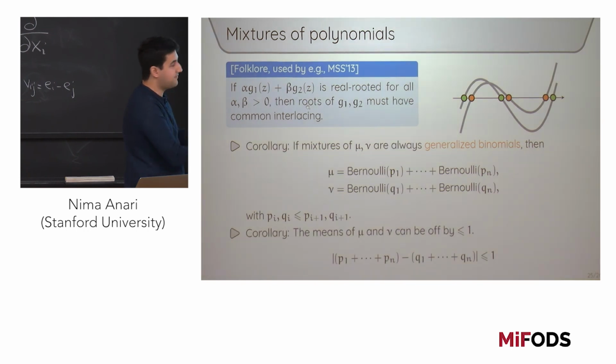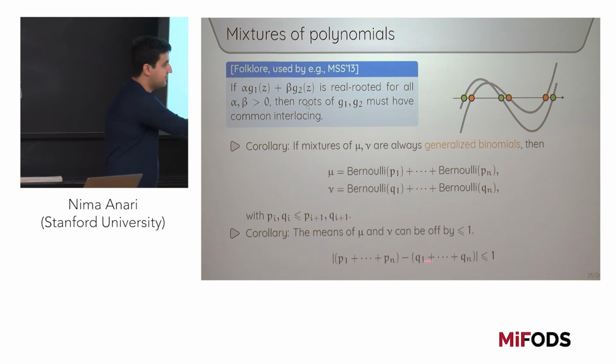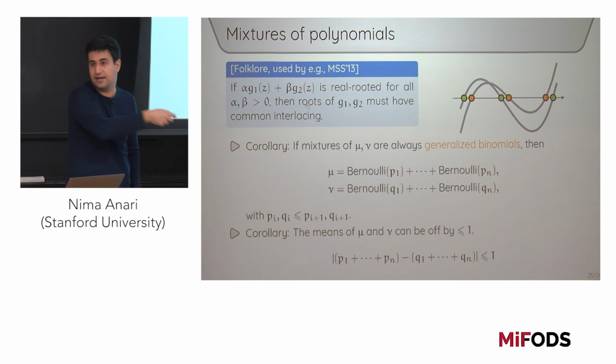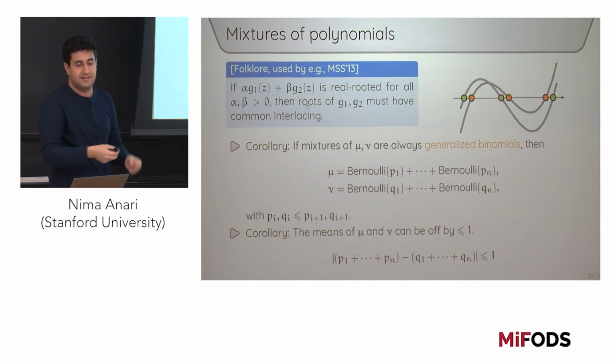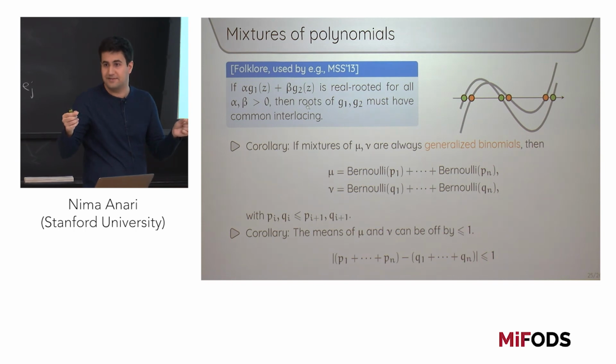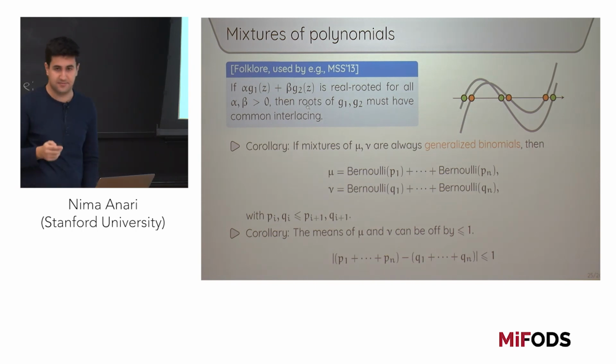So the difference between the expectations of these two distributions, which is just the difference between the sum of biases of one and the sum of biases of the other, can be at most 1. This difference is a signed sum of intervals that are contained in the [0, 1] interval. So the signed sum of their lengths can be at most 1. Okay. So yeah, this just finishes the proof.